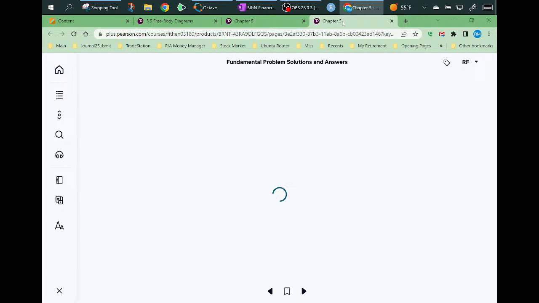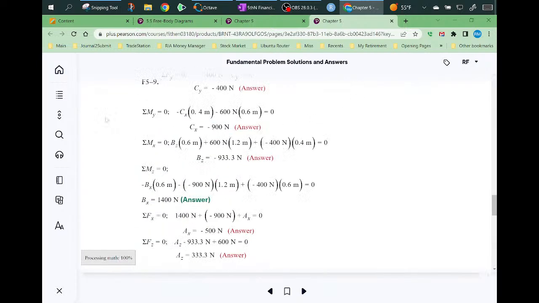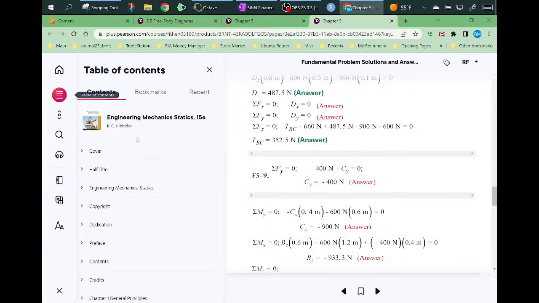I contend that that's completely wrong. Let's take a look at what he actually is doing.